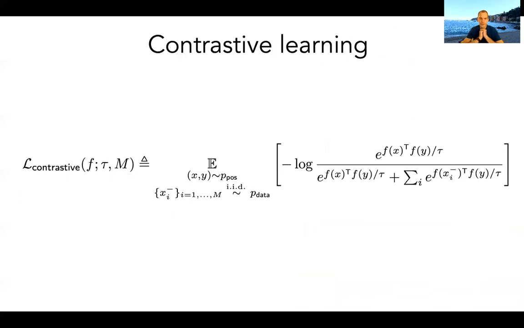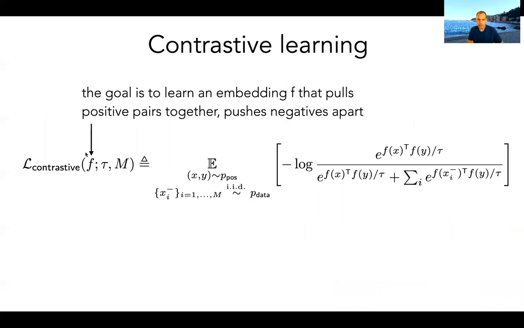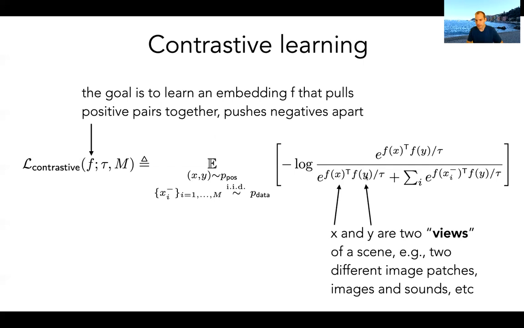Okay, so the objective function that we will be looking at in this talk is the contrastive objective of the following form. The goal is to learn an embedding function f that will pull together two views of the same scene and push apart two views of two different scenes. Two views of the same scene are called positive pairs, and two views of two different scenes are called negative pairs. Okay, so we have x and y, which are sampled from the positive pair distribution.